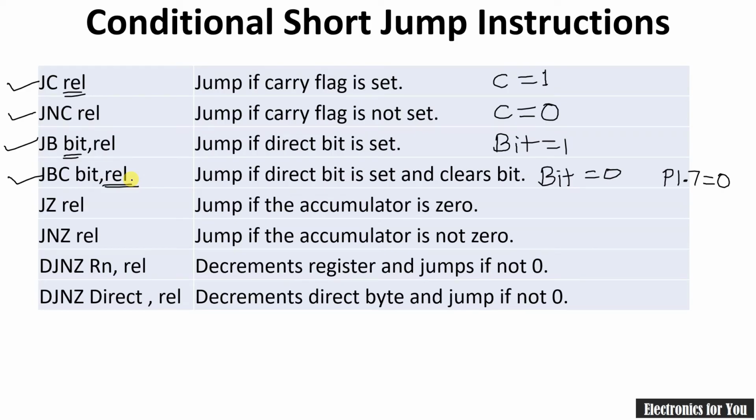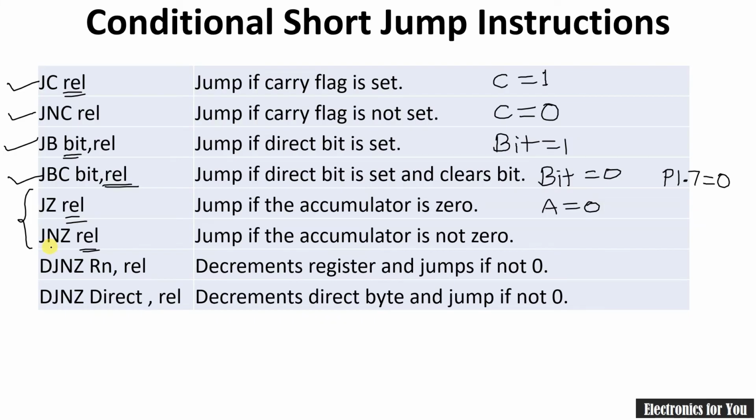Next is again an important instruction, that is JZ and JNZ relative address. JZ stands for jump on 0. If the accumulator's content is 0, that is if the accumulator is clear, then it will jump to the particular relative address indicated, otherwise program execution will continue.